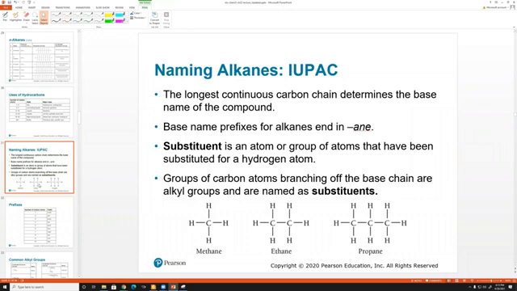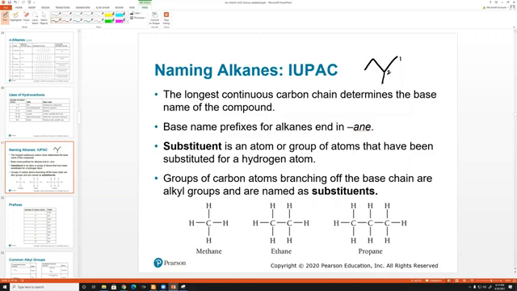They're basically just offshoots. So let's say we had butane, 1, 2, 3, 4. We can have 1-methylbutane or 2-methylbutane. That means we're putting a methyl at this position, and I just called it 2-methylbutane. The reason is that we always start the numbering of carbons so the substituent gets the lowest number. We wouldn't number 1, 2, 3 from left to right, because that would make it 3. It could be 2 if we go the other way.